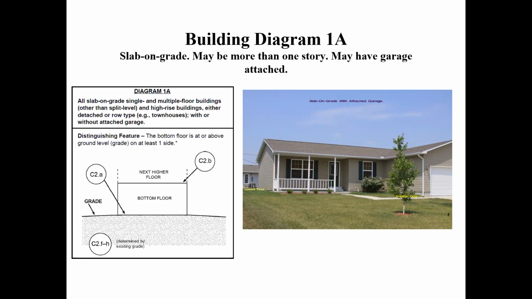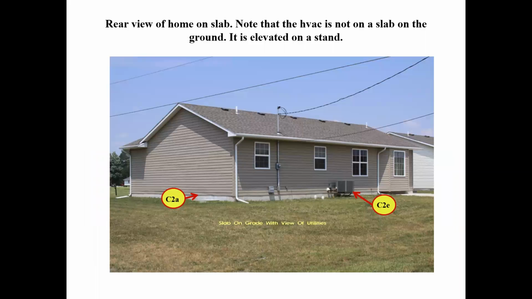Again, comparing the structure to the diagrams and these illustrations, C2A is the top of the slab, C2B would be NA, not applicable in this situation. And then of course the garage for C2D would be this clearly attached garage. The rear view, C2E, there's the lowest machinery and equipment.